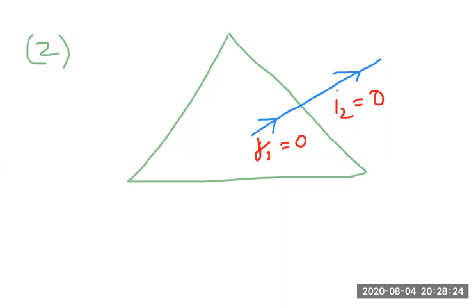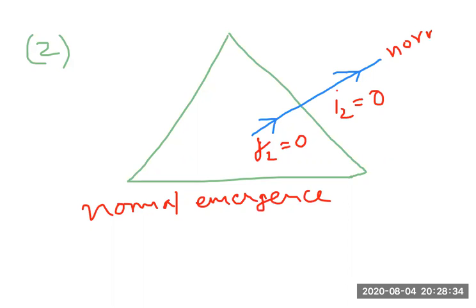This is called normal emergence, that is, going out along the normal. There is a normal, and it is going away along the normal. Normal emergence: I2 is 0, R2 is also 0.